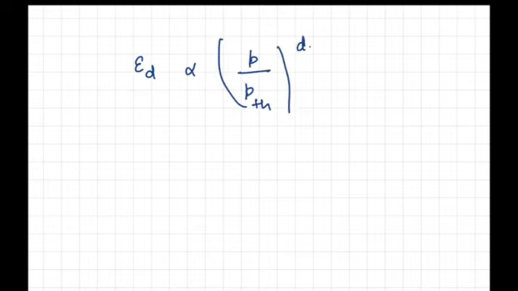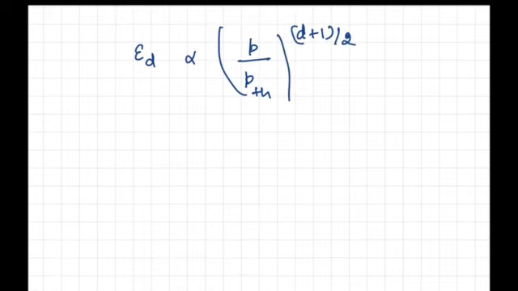Okay. Epsilon D is directly proportional to P by PTH to the power (D plus 1) by 2. This is the logical error.